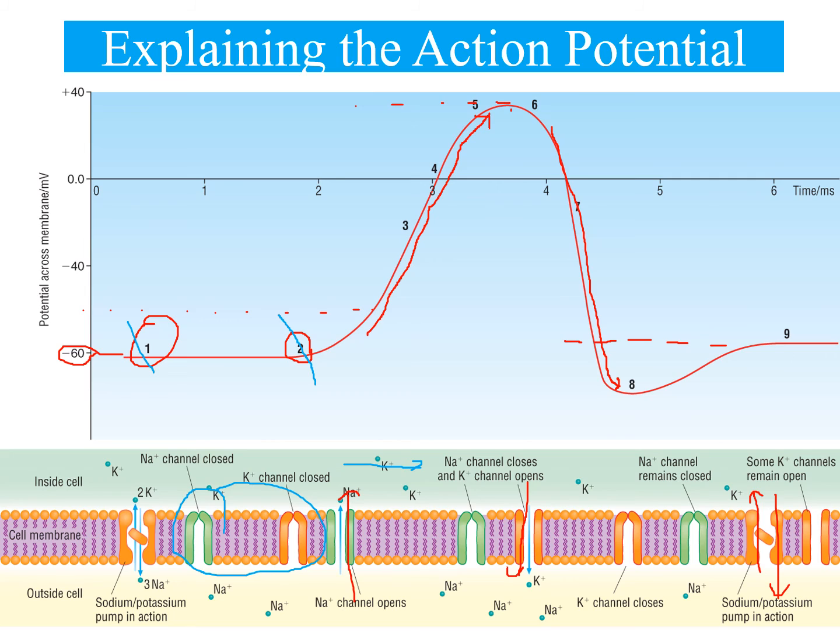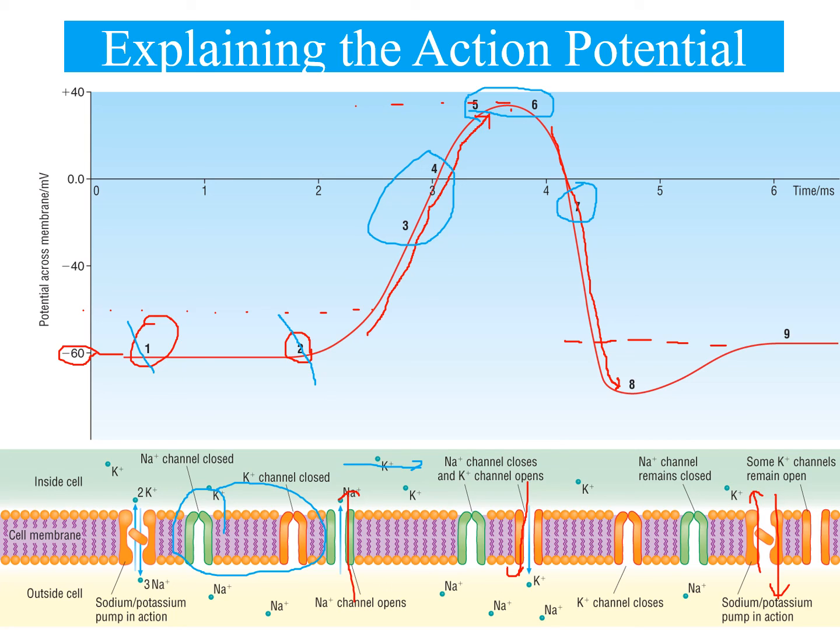If it goes past the threshold potential, we then get to number 3 and number 4, where all the sodium channels open and we get depolarization of the membrane. At number 5, the sodium channels close as the membrane is fully depolarized, and then at number 6, the potassium channels open, so potassium then rushes out at number 7, which is called repolarization.